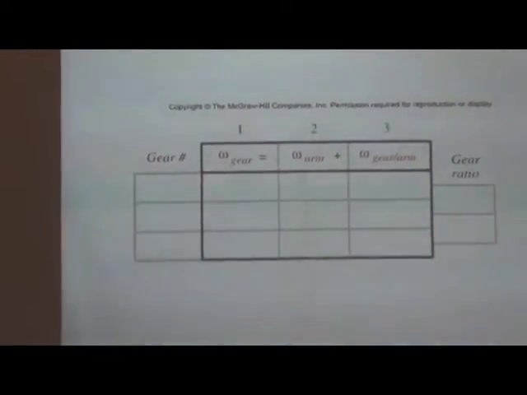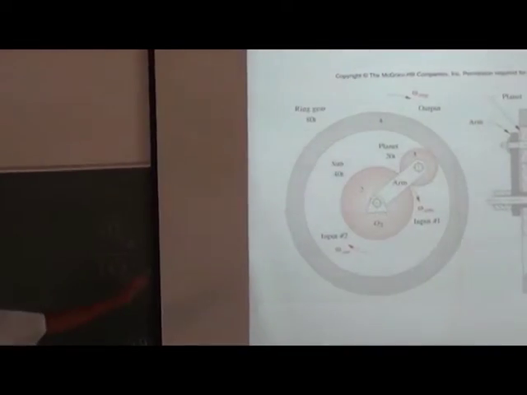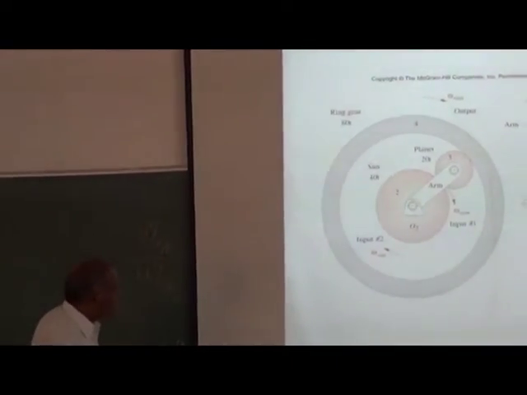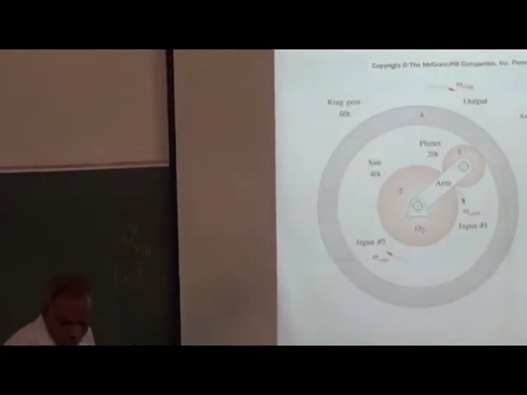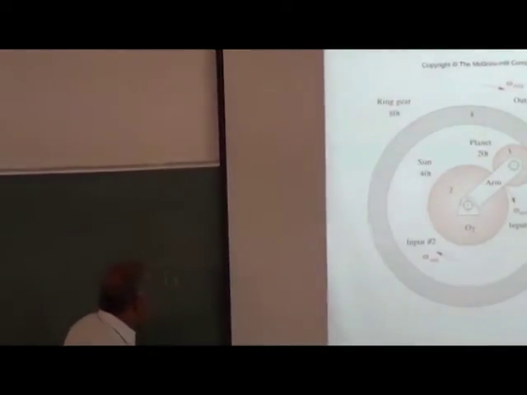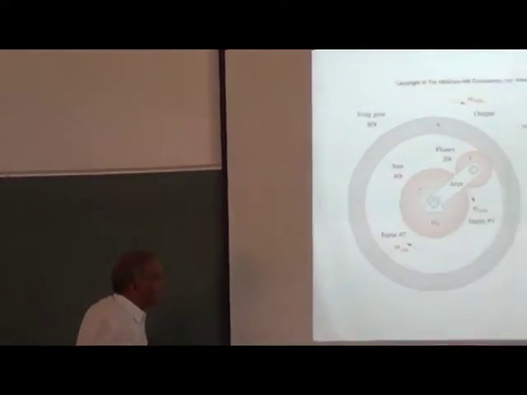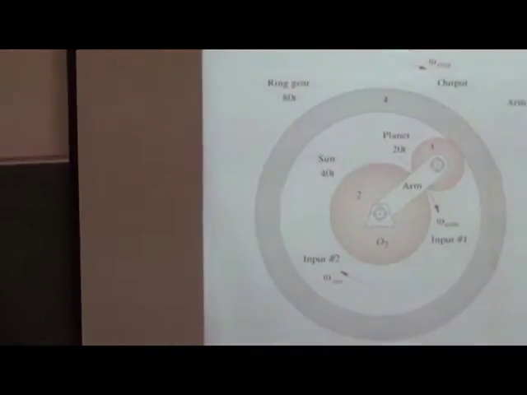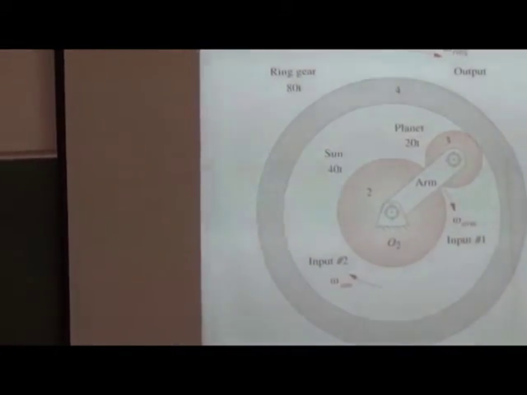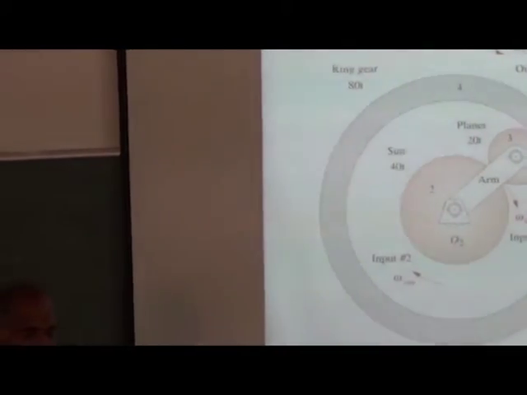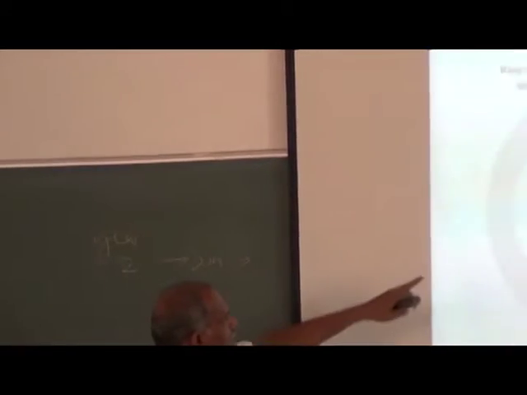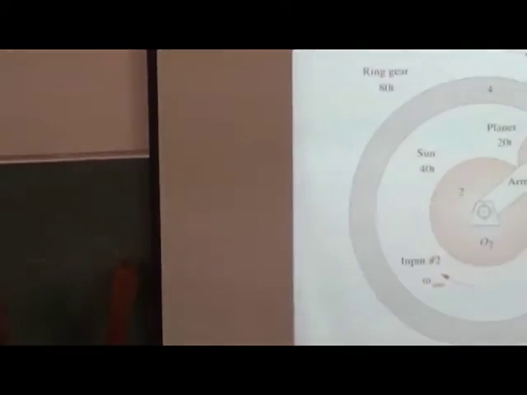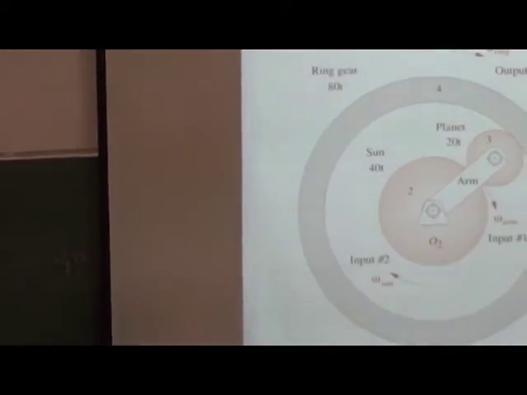What we will do for this is take this as an example, and you can see the number of teeth in each. You have gear number 2, that is your sun gear, which has 40 teeth.